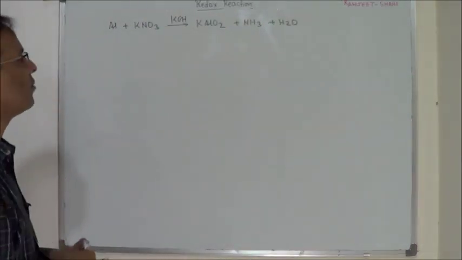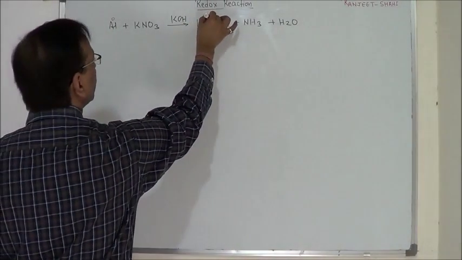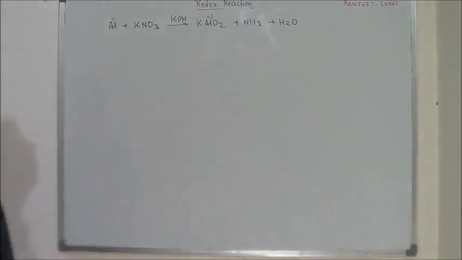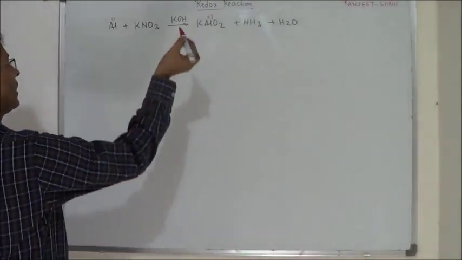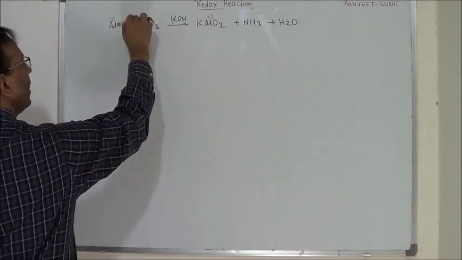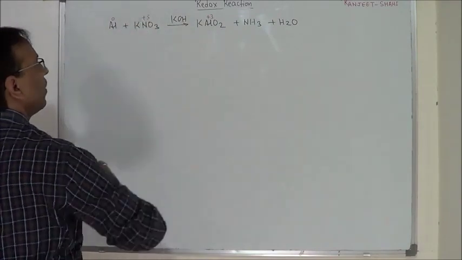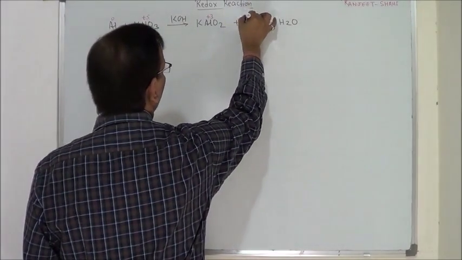It would be decided after balancing on which side KOH should come. So here we have aluminum from 0 to plus 3, this is oxidation of aluminum, and nitrogen plus 5 to minus 3, reduction.